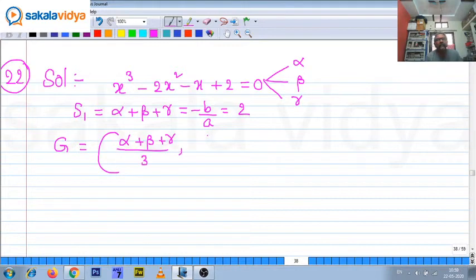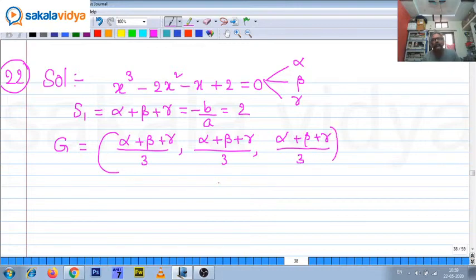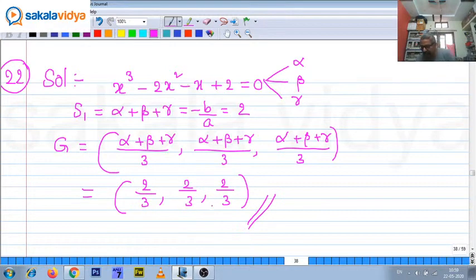They are cyclic. You can check it in your question, because I don't have the question, you might have noted it down. Alpha plus beta plus gamma by 3 equals 2 by 3, 2 by 3, 2 by 3. That's why I told you they must be the same, all the coordinates.